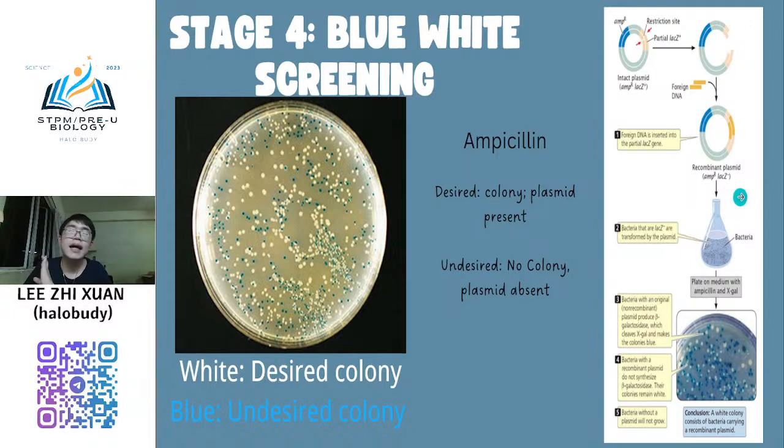Dia tak akan ada LacZ gene. So that's why the white colony is the desired colony that we want. Because it does not contain any LacZ gene, meaning it already contains the recombinant plasmid. So this white colony is the colony that already contains recombinant plasmid.